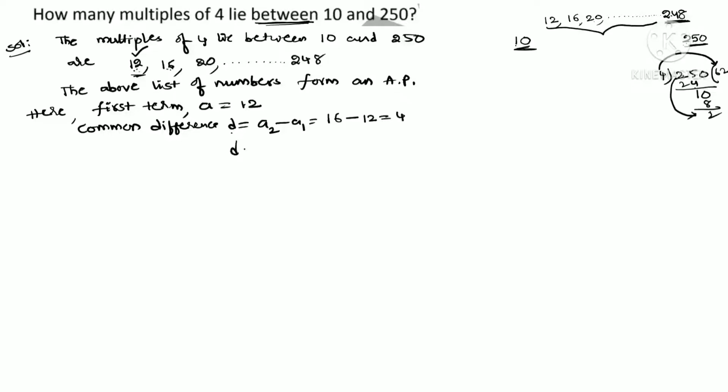So d value is 4. Next, how many multiples of 4 lie between 10 and 250? How many multiples are there? Do you know what is the number of this particular term? See, this is first number, this is second number, this is third number. Suppose if you are taking up to here only, how many numbers are there?